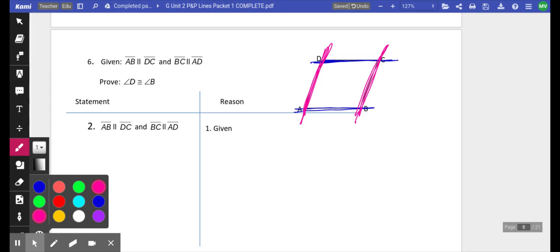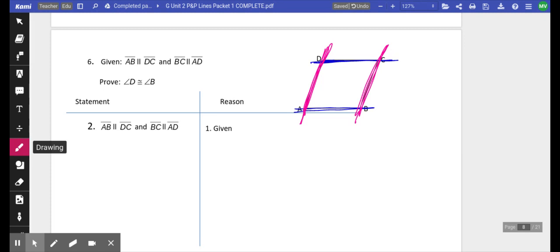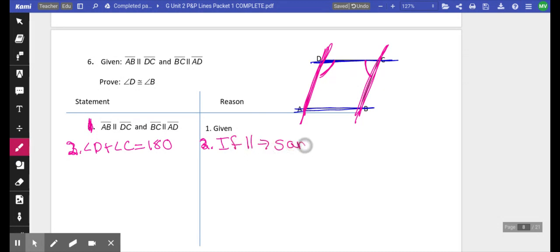Well, if I look at this, I can get that D and C are same side interior angles. So that means that angle D plus angle C equals 180 because, and this should be a 1 here, and then this is 2, because if parallel, then same side interior angles are supplementary.